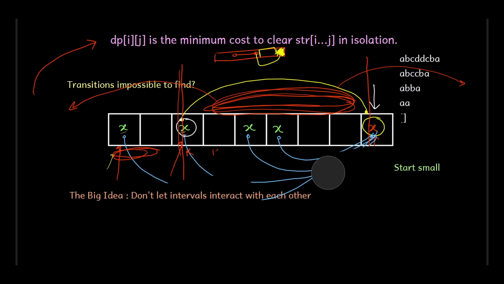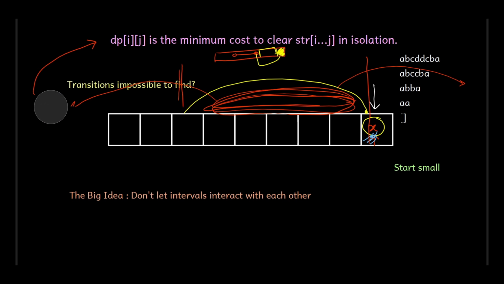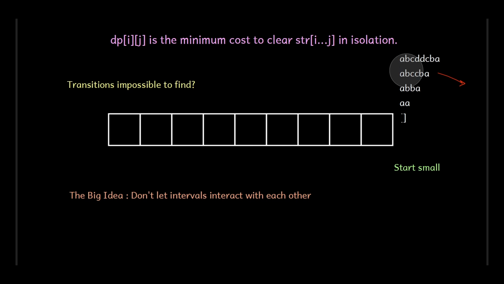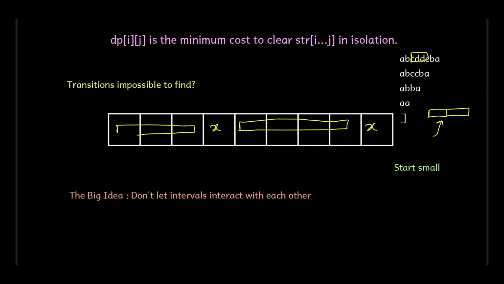So the technique that we just discussed is known as interval dp. And in interval dp, your aim is to make sure that if the problem tells you that after a segment is deleted, you have to combine the left and right segment, your goal should be to avoid this combination by being smart about the dp choices that you make, so that you create isolation, you create some barriers such that this part can be solved via dp independently and the left half can be solved via dp independently.